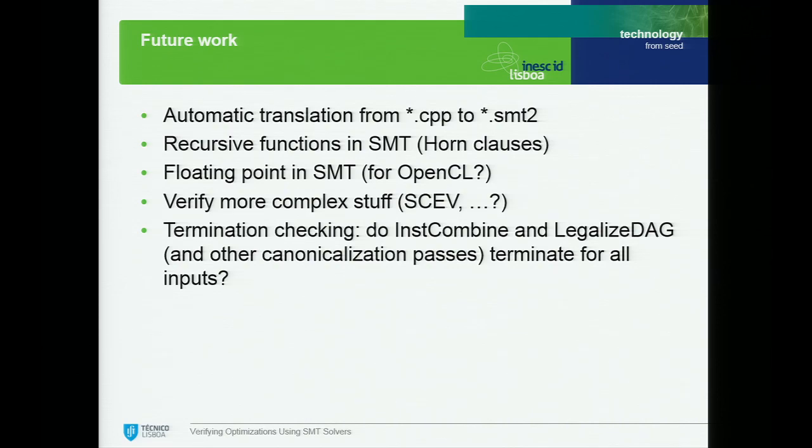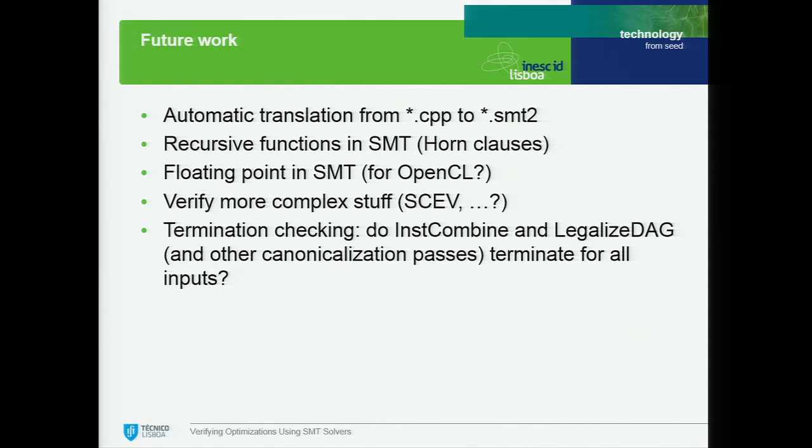Scalar evolution, so constant range is already hard to implement, and scalar evolution is really hard. It would be really nice if you could verify that scalar evolution is okay, because it has been a source of bugs in the past, because it's a really hard thing.